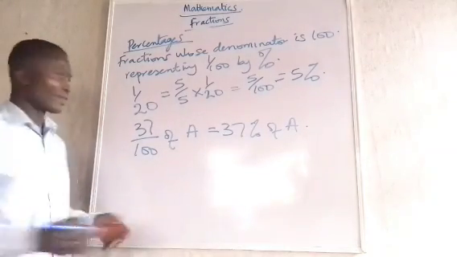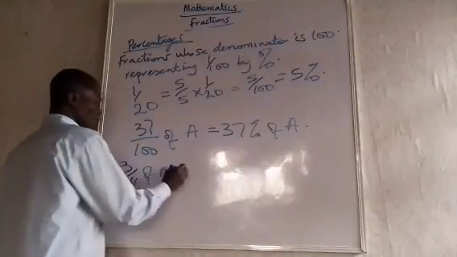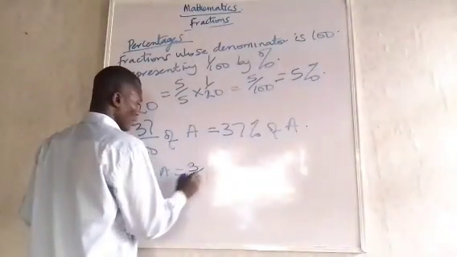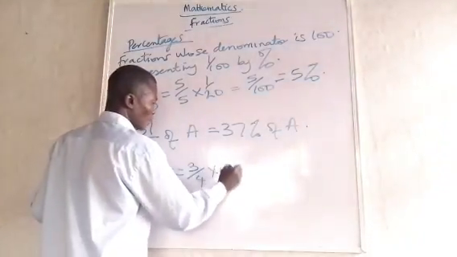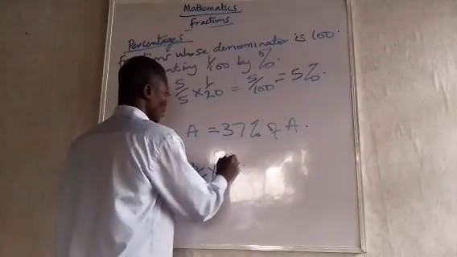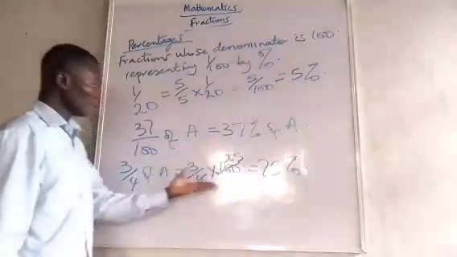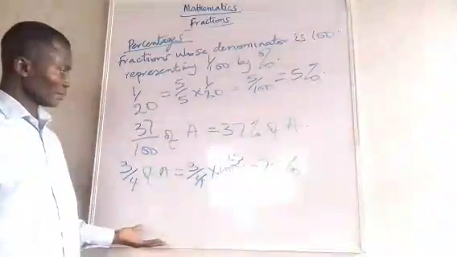Now if I have 3 over 4 of A, it's going to be 3 over 4 times 100. Very easy to convert. So that is 75%. It's just straightforward.